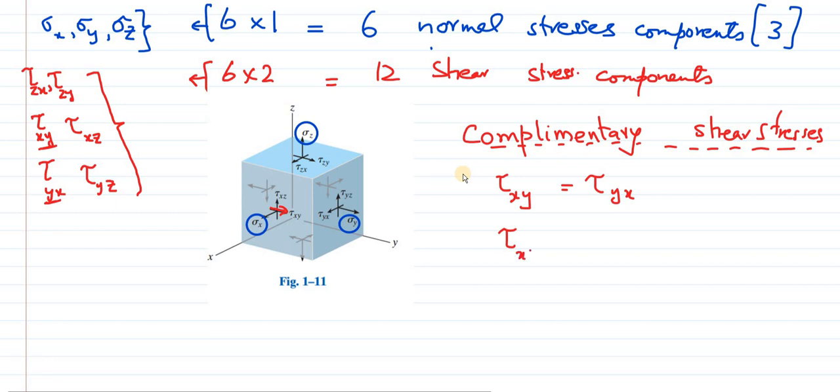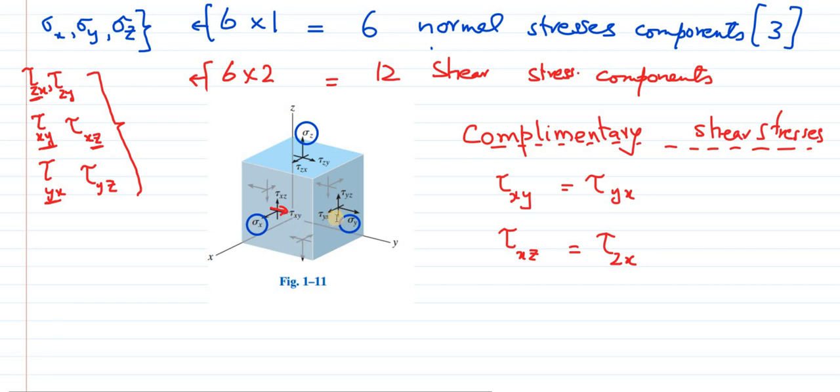Similarly, tau xz is equal to tau zx. So this is tau xz over here, and this is tau zx. You can see tau xz is complementary to tau zx. On each face we had 2 shear stress components. This face is adjacent to this face as well as this face.